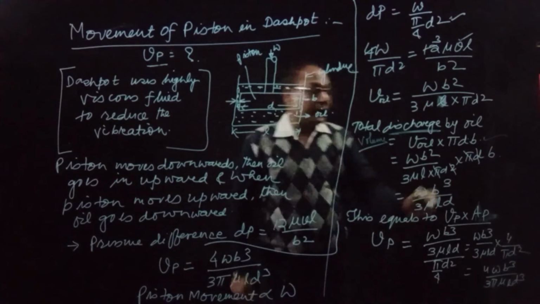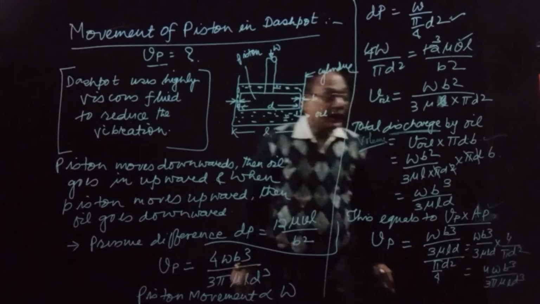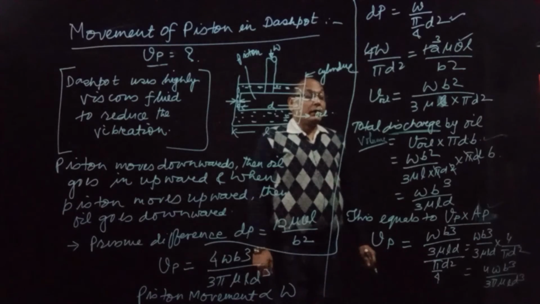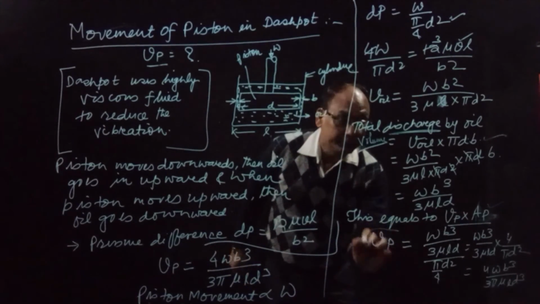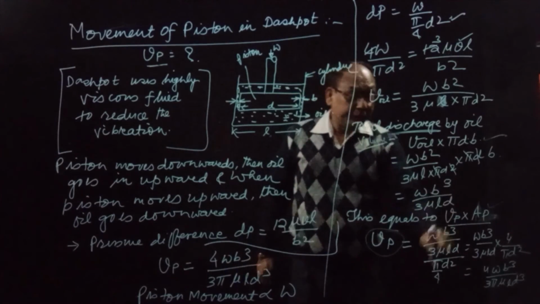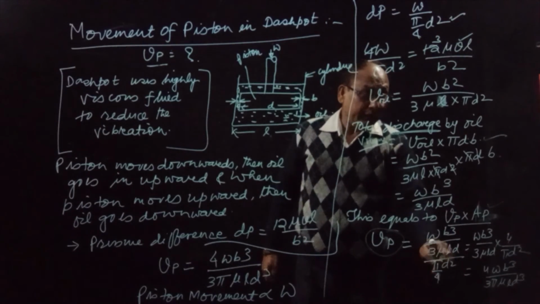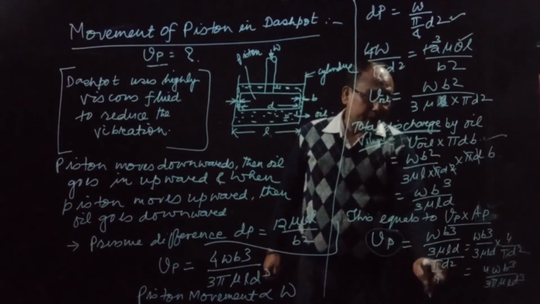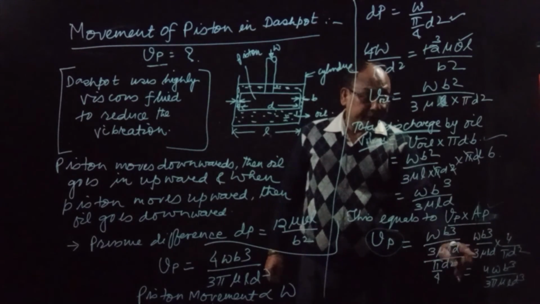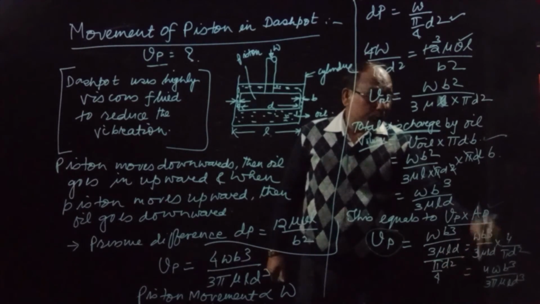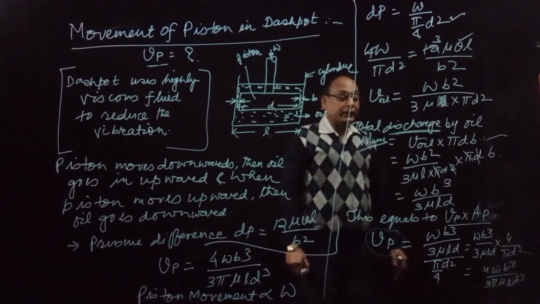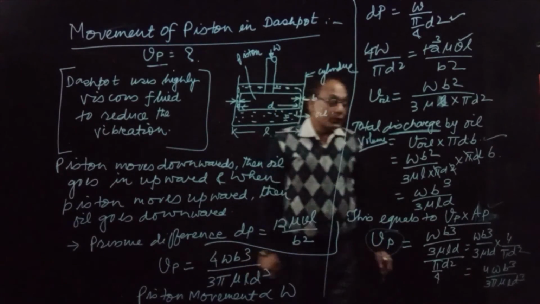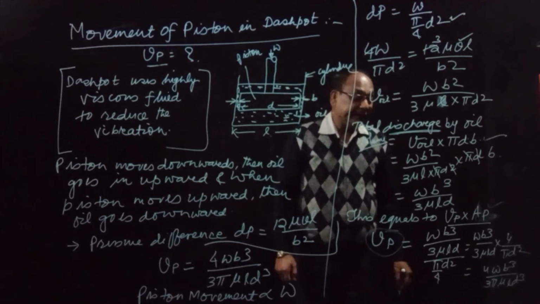This equals the piston velocity times the area of the piston. So we have to find out the velocity of the piston. So W B cube by 3 mu L d divided by the area, pi by 4 d square, gives 4 W B cube by 3 pi mu L d cube.